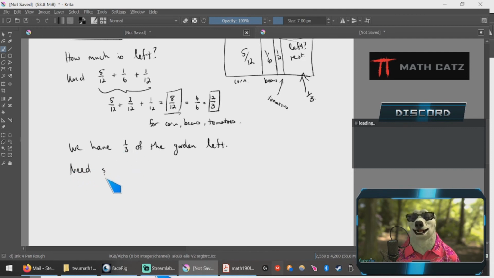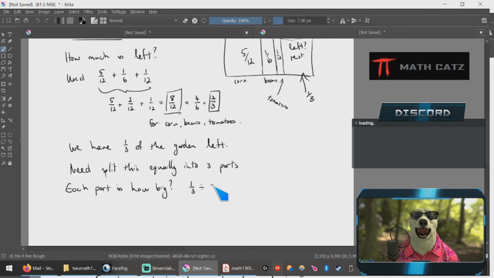We need to split this part of the garden equally into 3 parts. How do we do that? By way of division. Each part is how big? 1/3 divided by 3.